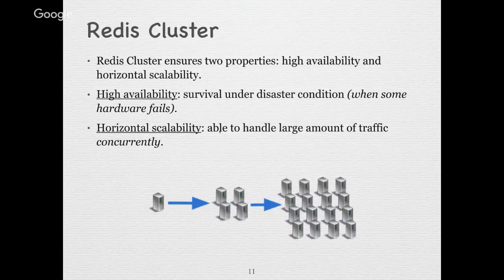Another property is horizontal scalability. You are able to handle a large amount of traffic concurrently, so that you can serve a lot of users. This is especially important because now all the login traffic has been directed to this centralized login website. It must be able to handle this large amount of traffic.